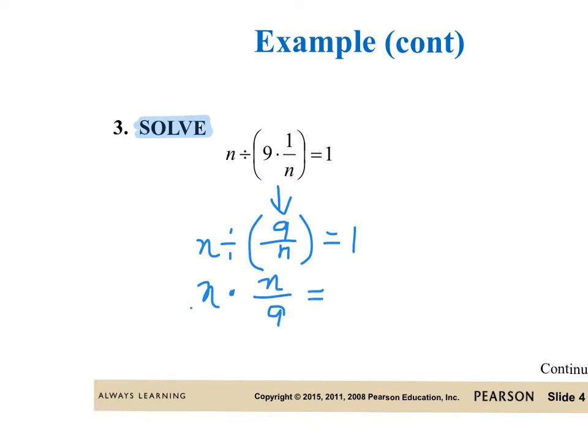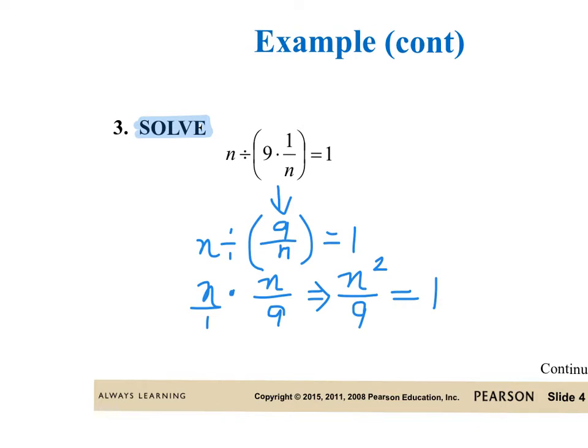So since the n itself is over a 1, and we flipped over 9 times 1 over n to turn it into n over 9, we can now multiply, and n times n is n squared, and 1 times 9 is 9, and that in turn then is equal to 1.